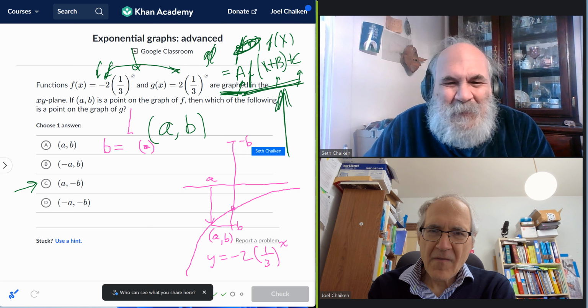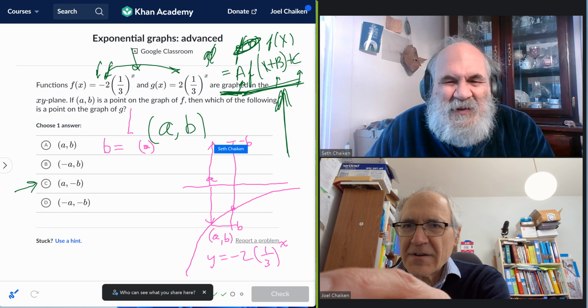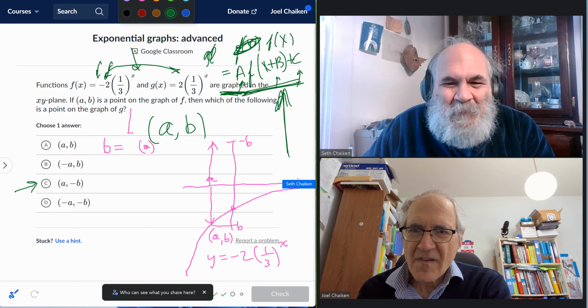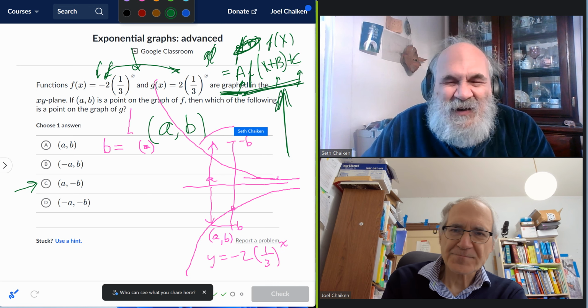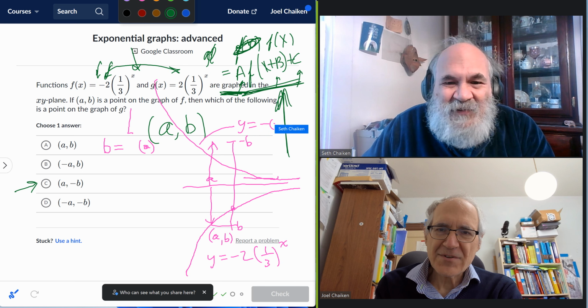So this curve is y equals 2 times a third to the x power.